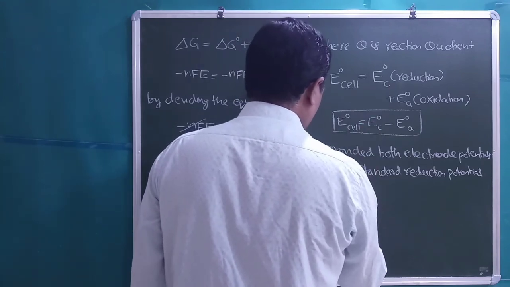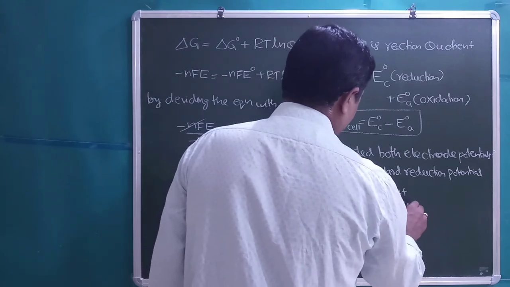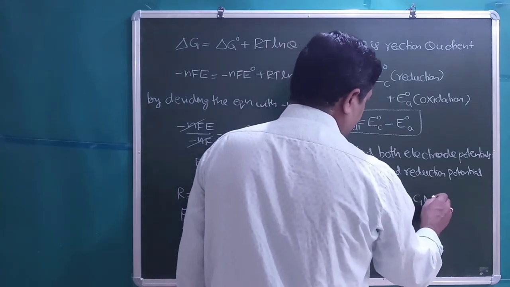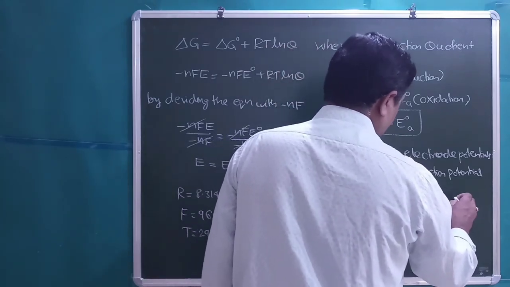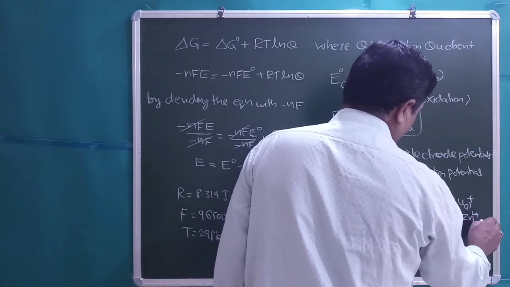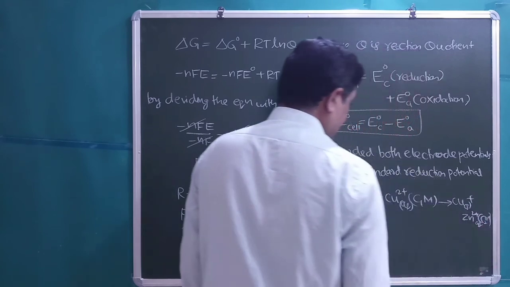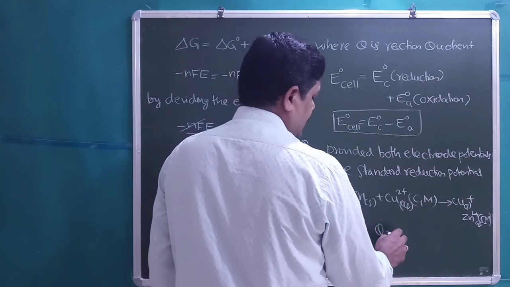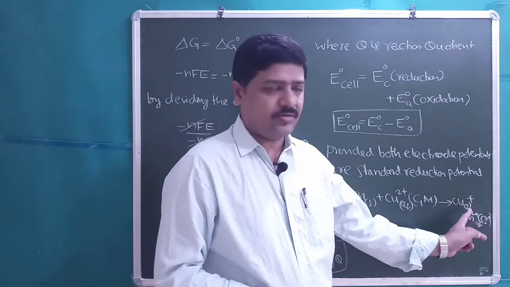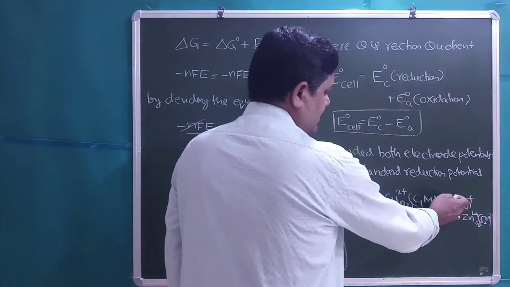To understand that, we will take a simple equation, Zn solid plus Cu2 plus aqueous, the Daniell cell. Concentration of the Cu2 plus is C1 molar, which gives Cu solid plus Zn2 plus aqueous. Let us assume that concentration of the Zn2 plus is C2 molar. Then the reaction quotient is equal to the product of active masses of the products raised to their stoichiometric coefficients, divided by the product of active masses of the reactants raised to their stoichiometric coefficients. Here the active mass of a solid is 1.